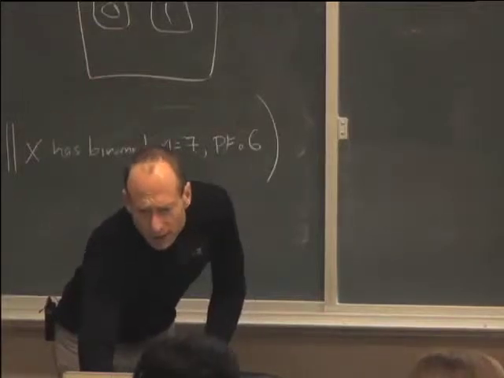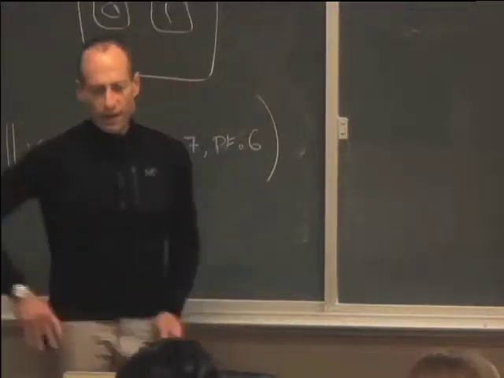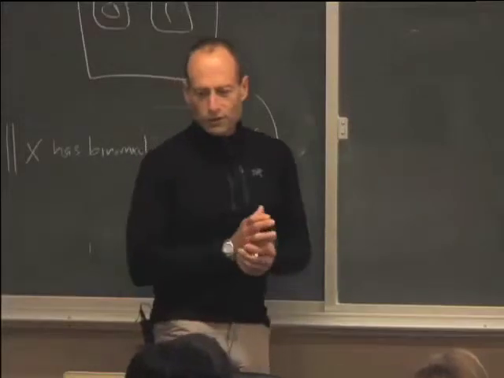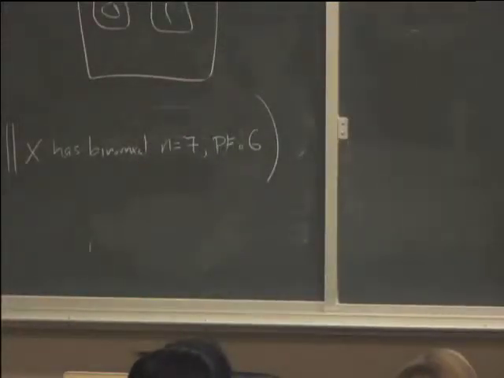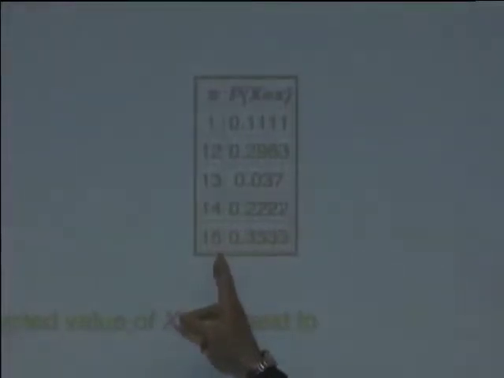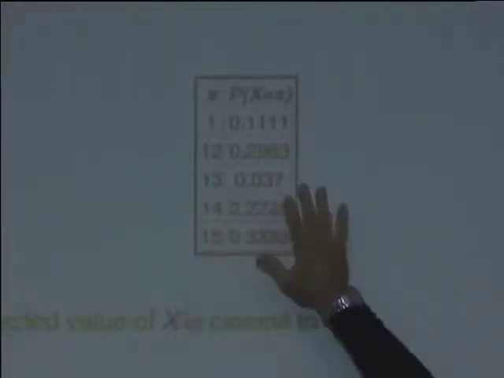Okay, here we've got an actual tabulated probability distribution. You're asked to find the expected value of x. How do you do that? What calculation do you do? The expected value is a weighted sum of the possible values, right? Where the weights are the probabilities.